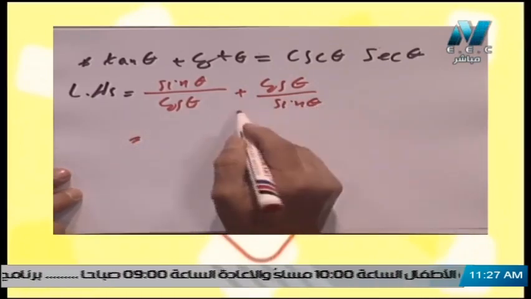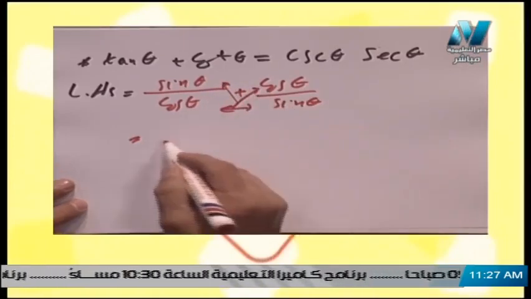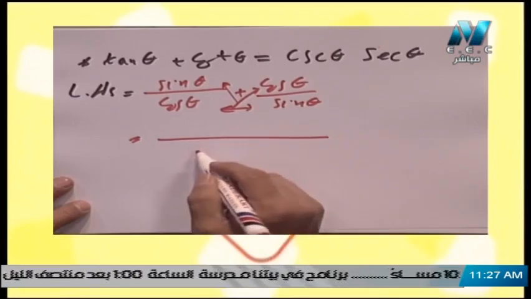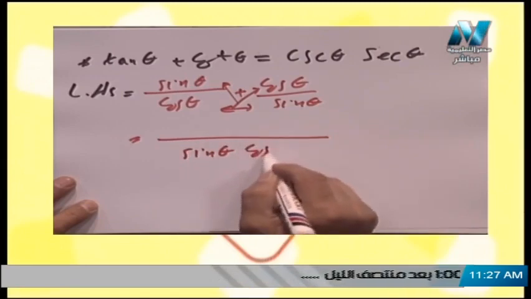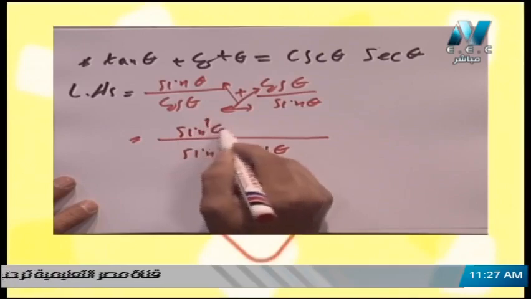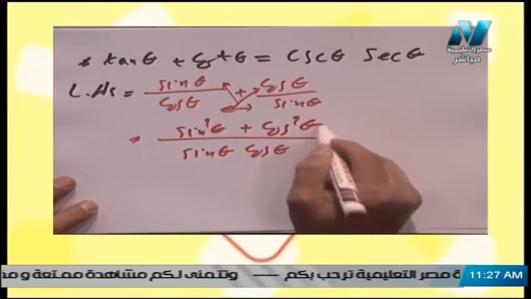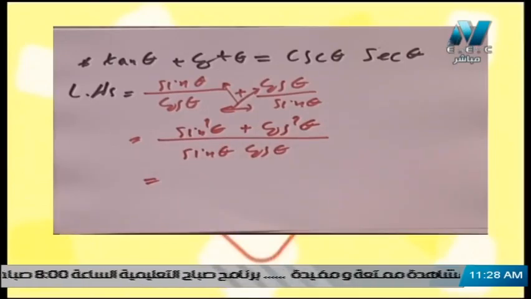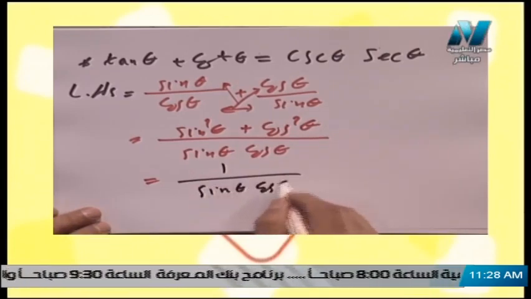And by making a common denominator here, we will have sine theta times cosine theta. Sine theta times sine theta equals sine power 2 theta, plus cosine theta times cosine theta equals cosine power 2 theta. And we know that cosine power 2 theta plus sine power 2 theta equals 1, over sine theta cosine theta.